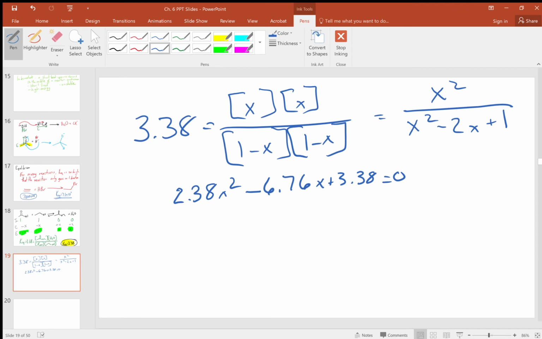And now we just have to solve for x. Well, how do we do that? Hopefully at this point you all remember your quadratic formula, because that's what you're going to need here.